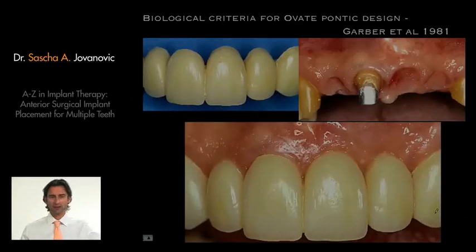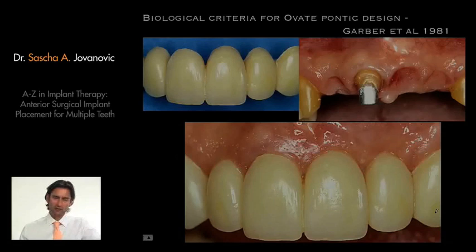Now we come into another area, and this is pontics. This particular patient we treated many years ago, about 10 plus years ago at my clinic at UCLA. And you can actually see here how this was a 6-unit prosthetic restoration with 3 pontics.